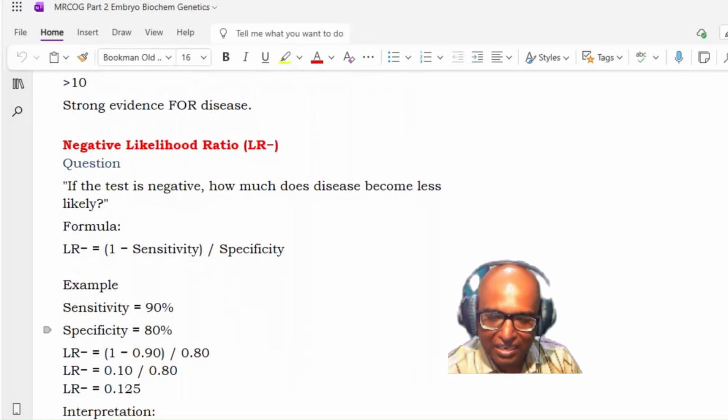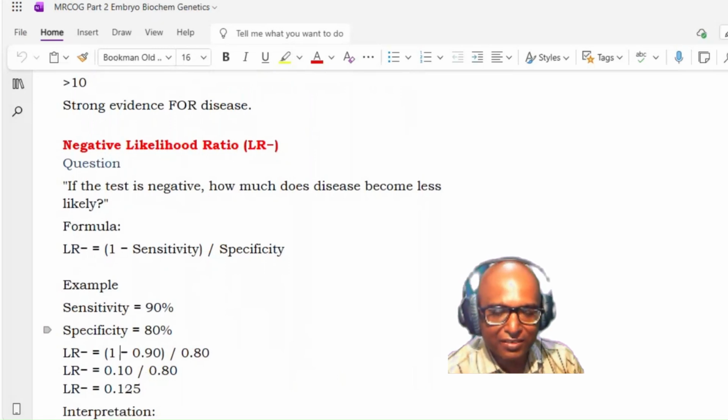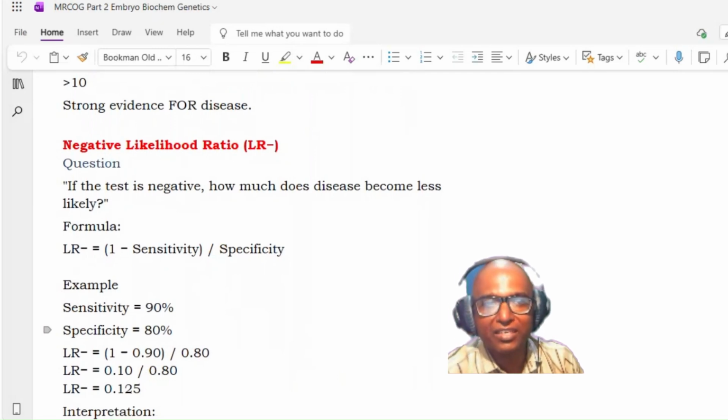Because we are looking at the patient and performing the test, we have a certain assumption before we get the test result that this patient is likely to have a positive or negative result. How much does that change after the result when it is negative?